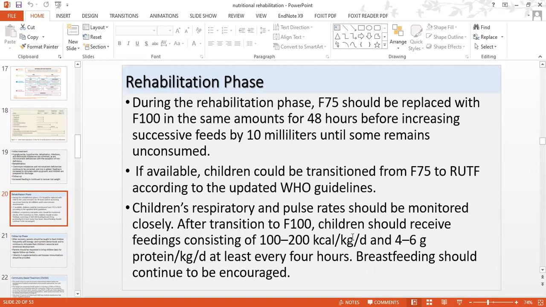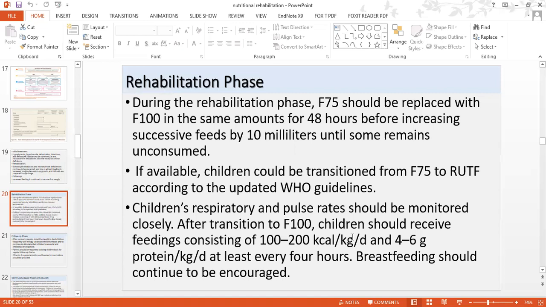If available, the children should be transferred from F75 to RUTF, which is ready-to-use therapeutic food, according to the updated WHO guidelines.